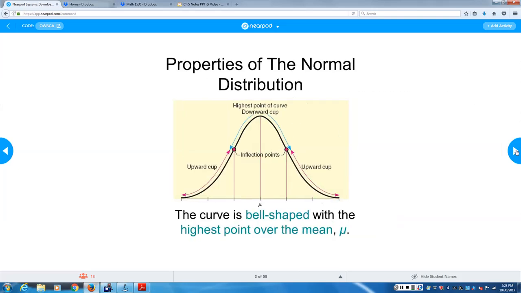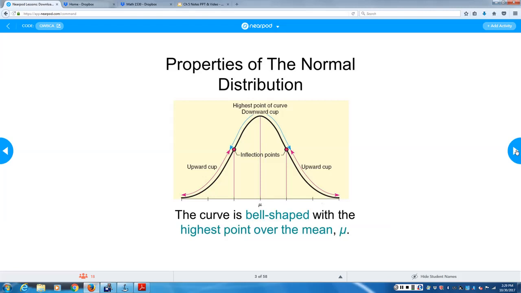So here's some basic information. And if you've gotten through this chapter in 0530, this should look a little familiar to you. Okay? The properties of the normal probability distribution. The curve is bell-shaped. We're always going to do normal probabilities on the calculator, and we're always going to look at a graph. We're never going to make a table.